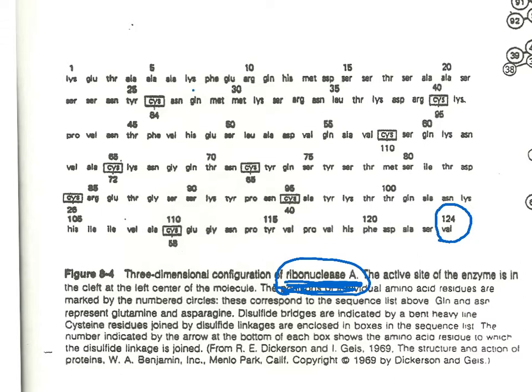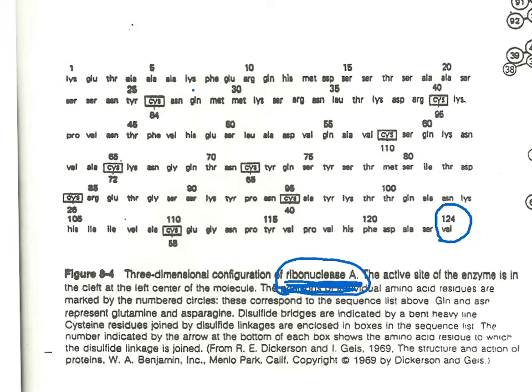And so, what level of protein structure is this table giving us? Is this diagram giving us primary, secondary, tertiary, or quaternary? Well, think what each one is.